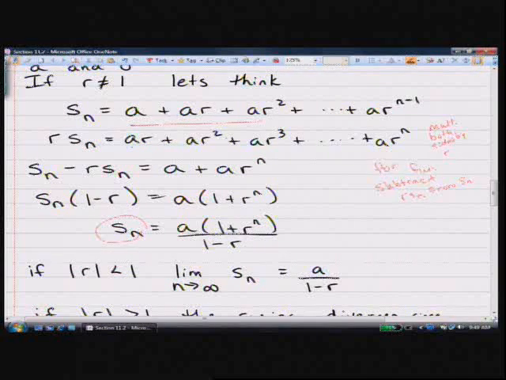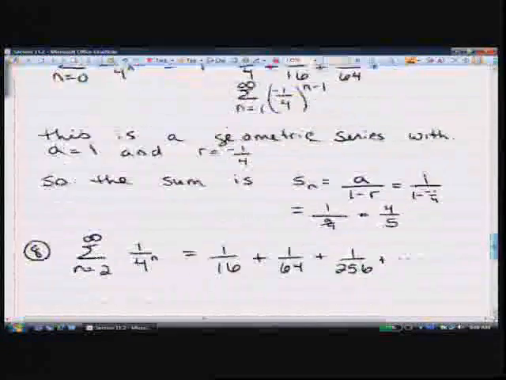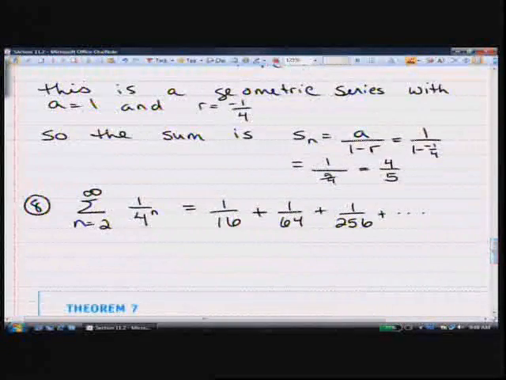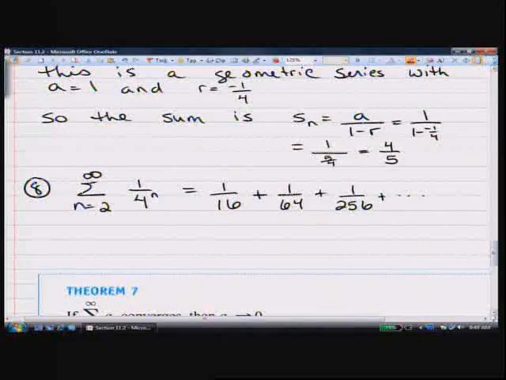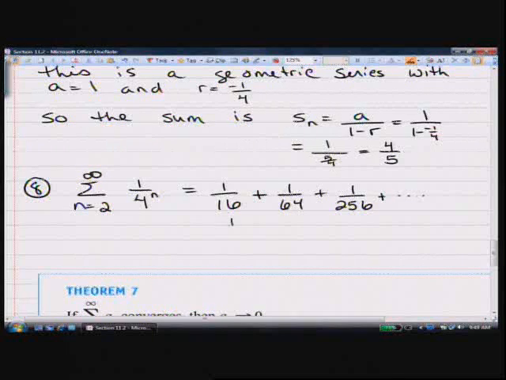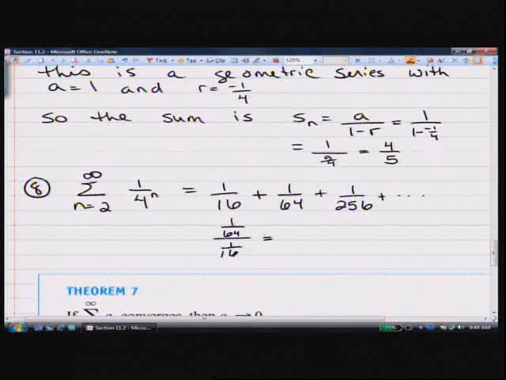And if you do AR cubed divided by AR squared, you're going to get R. Does that make sense? So the best way to figure out your ratio is to do 1/64 over 1/16, which is 1/4. That's your R.